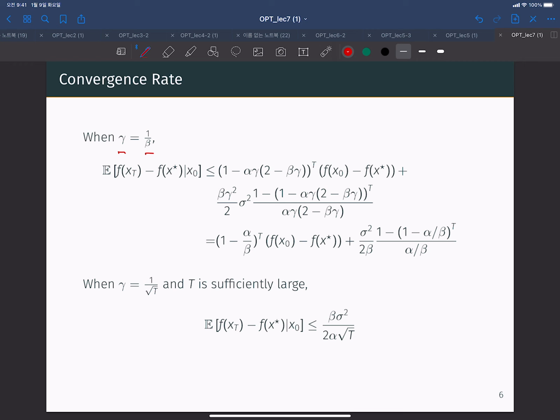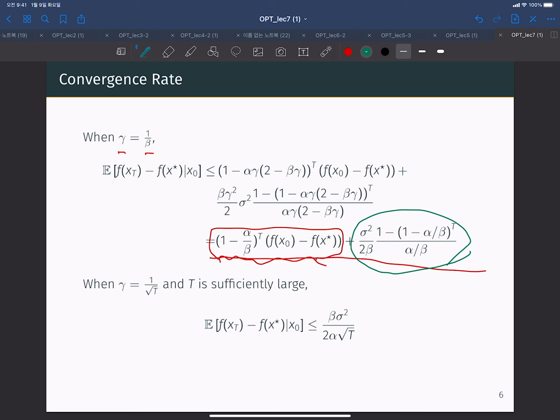Then, using 1 over beta, we have this: (1 minus alpha over beta) to the power capital T times f(x_0) minus f(x*). That is basically equal to the case without stochastic. But because of the variance of your stochastic gradient, you have an additional term. So you cannot converge to the exact x*, but you have this additional error term. Okay, so with 1 over beta step size, that was the optimal step size for the vanilla gradient descent algorithm.